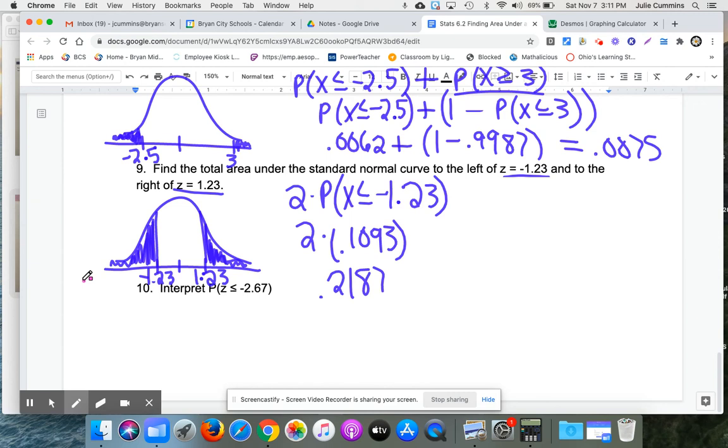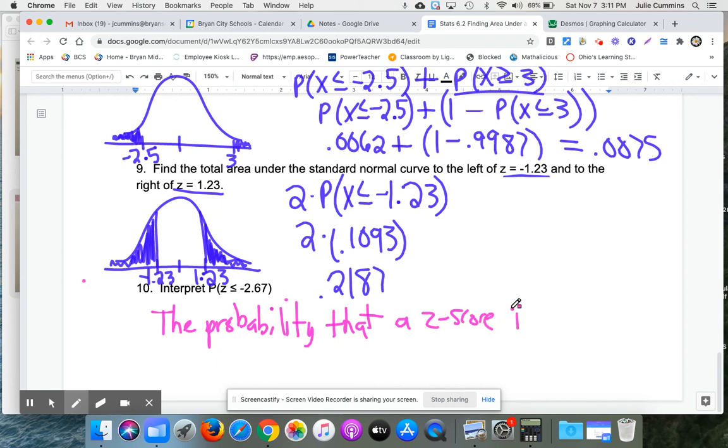So in words, this is the probability that a random variable or that a z-score is more than 2.67 standard deviations below the mean.